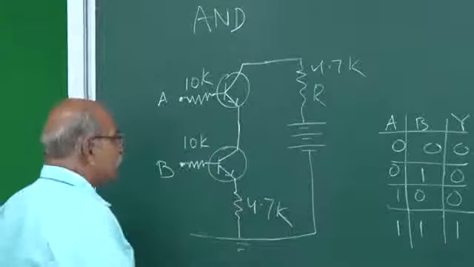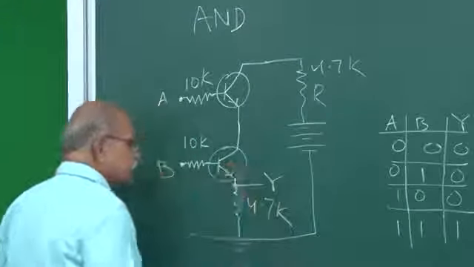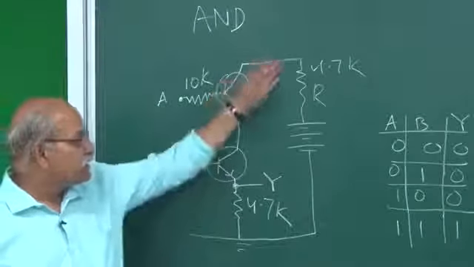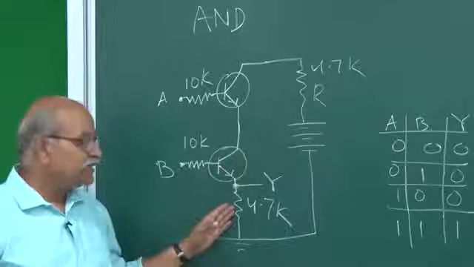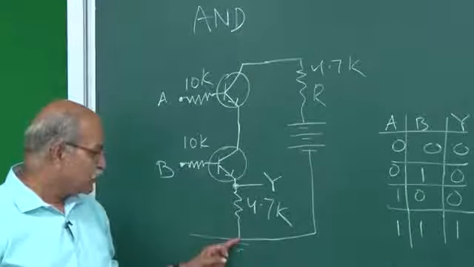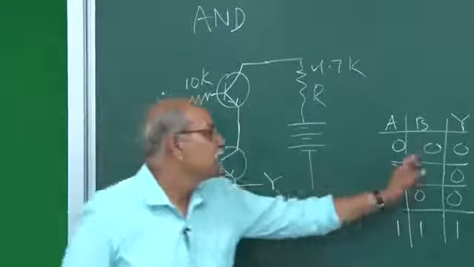But if I take the output from this point, if this is Y, then see what happens. If there is no current in the transistor anywhere, no current here and no current here as well, and if no current here, then this is 0 potential, this is also 0 potential. So, it is low and 0 0 becomes 0.